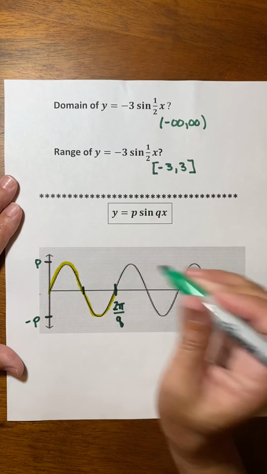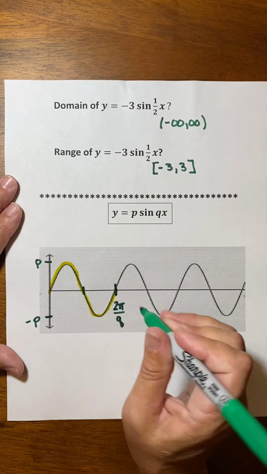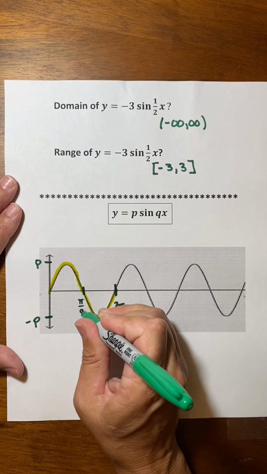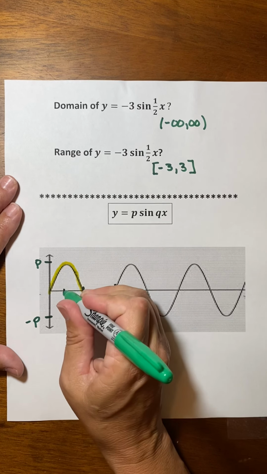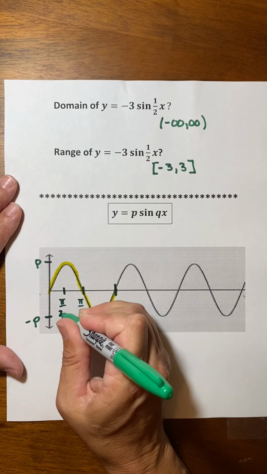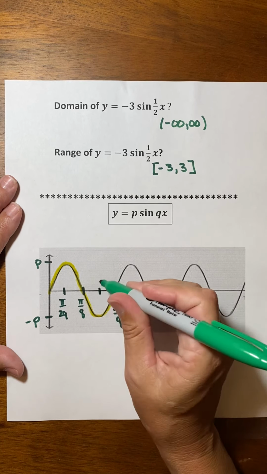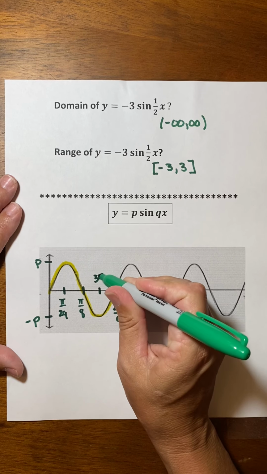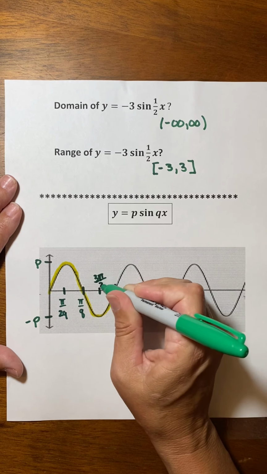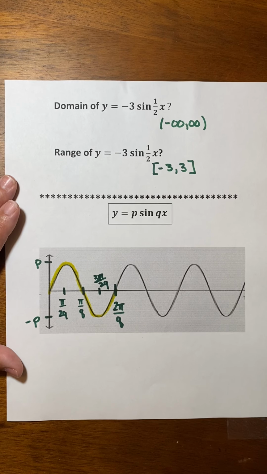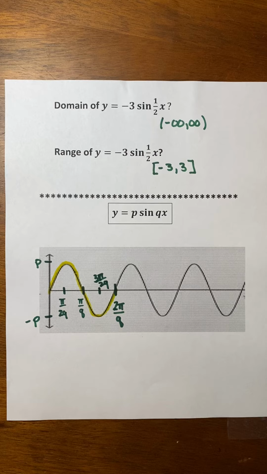Halfway here is going to be half of that, which would be pi over Q. Halfway in between there would be pi over 2Q. And this is going to be 3 pi over 2Q. So that can be a little tricky. I think it's easier just to do it this way.